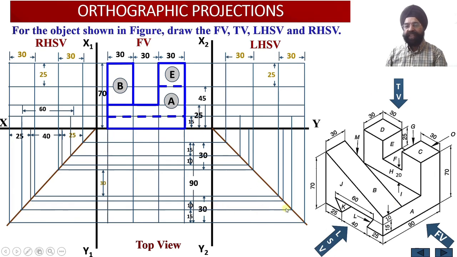Similarly, over here we can see that on this side I have to locate this top point of this angular slot. It is this point or it is this point over here. So both of the points, the bottom and the top, have been located corresponding to this bottom angular slot in the right hand side view and in the left hand side view.